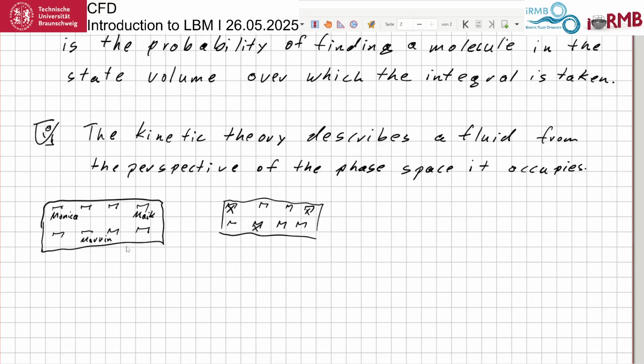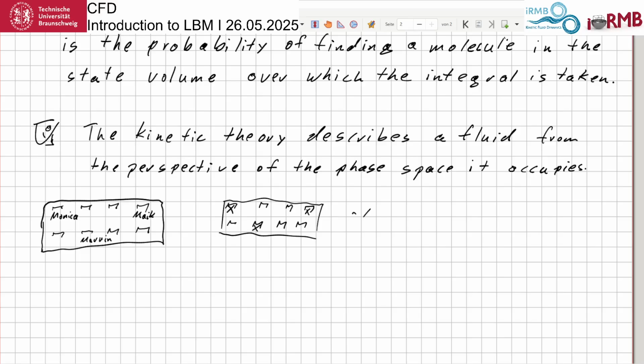If you describe a fluid, like a small glass of water, then you would have 10 to the power of 24 or 25 molecules in this one glass of water. So you don't want to distinguish them by name, okay? So this is here the big difference.